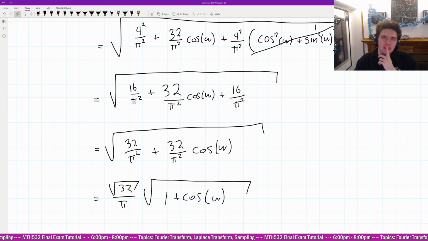Oh boy. Let's see what the solution says. The solution says the same thing. So somehow this should simplify further. Somehow this should simplify to 2 pi cos omega over 2.